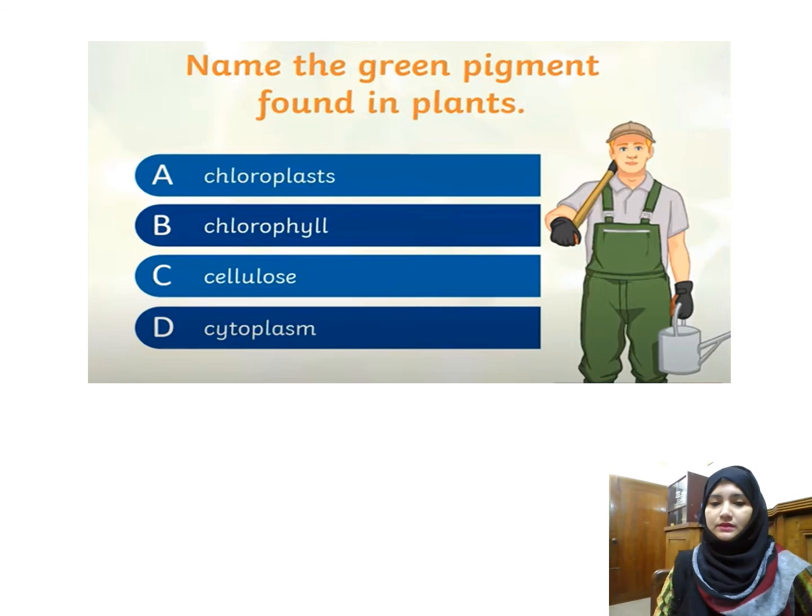Okay. The next MCQ is name the green pigment found in plants: chloroplast, chlorophyll, cellulose, and cytoplasm. The right answer is chlorophyll. The pigment is chlorophyll. Chloroplast is the organelle.